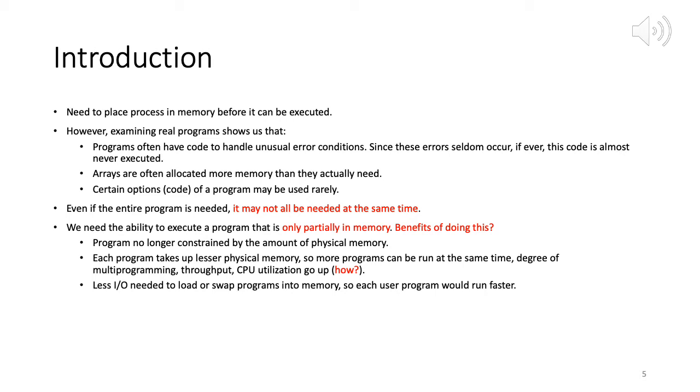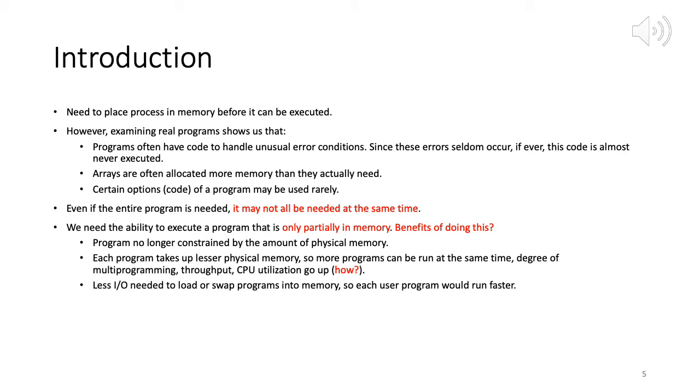Okay, less IO needed to load or swap programs into memory. So each user program would run faster. When you're bringing complete processes in, you're doing a disk IO, and if you're bringing the whole process in, then you're bringing in more data. So that disk transfer time will obviously be more. But if you're bringing parts of a process, then your disk IO time will reduce.